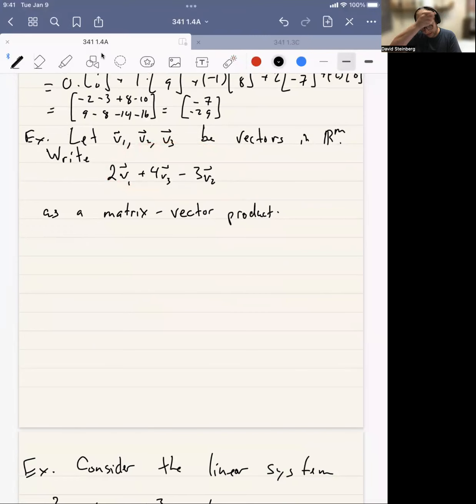We could ignore completely the fact that our vectors are ordered 1, 2, and 3, and just make some matrix out of v1, v3, and v2. And then we know that if we want them to appear with these weights, we'd better multiply by the vector 2, 4, -3. Boom, done.